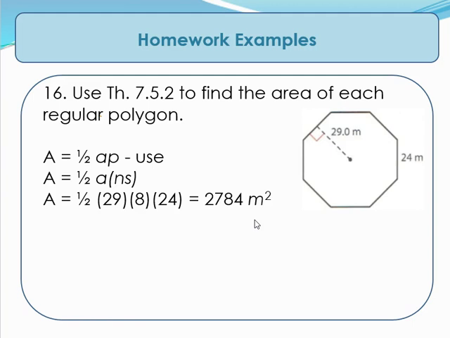And we have 1/2, the apothem is 29. There are 8 sides with side lengths of 24. It's 2784 meters squared. So I actually prefer this formula to AP, and the reason I do is because you don't have to do the first step of solving for the perimeter. You can actually put it in your formula.